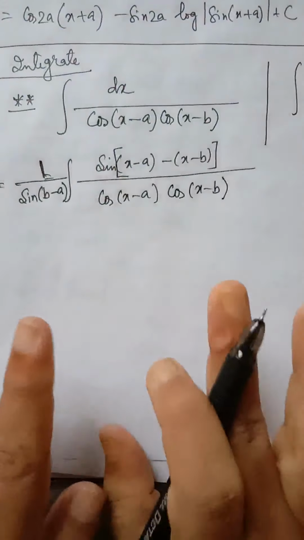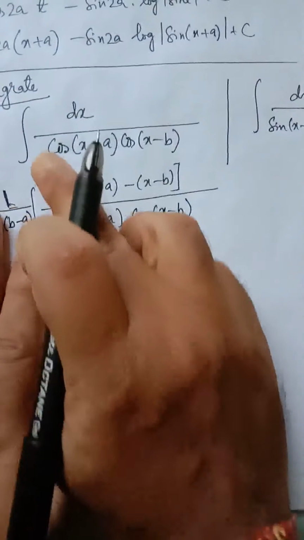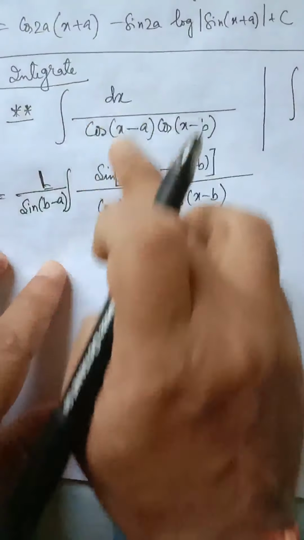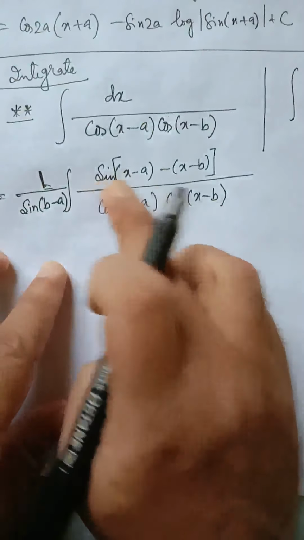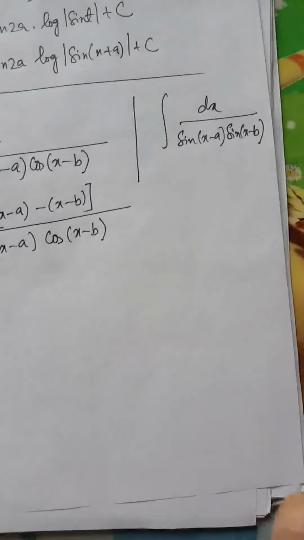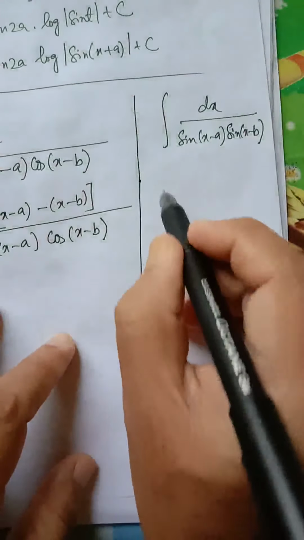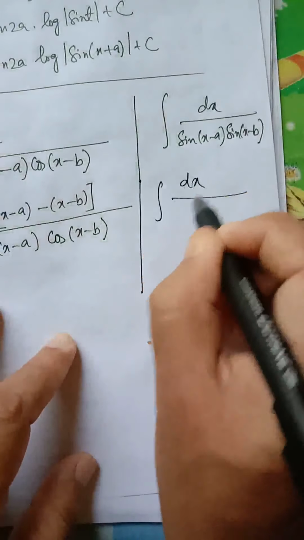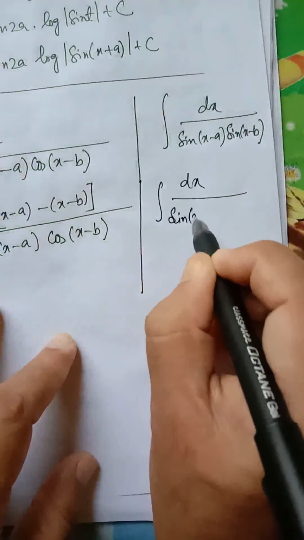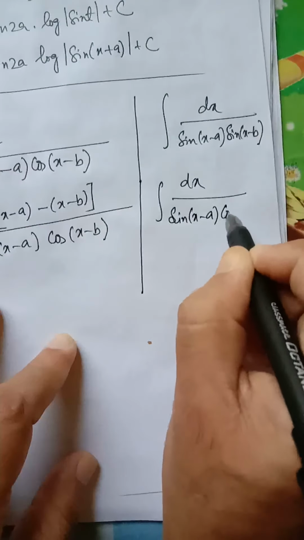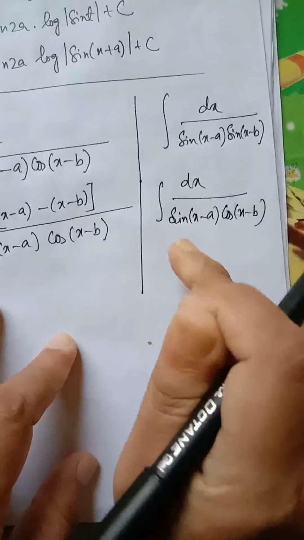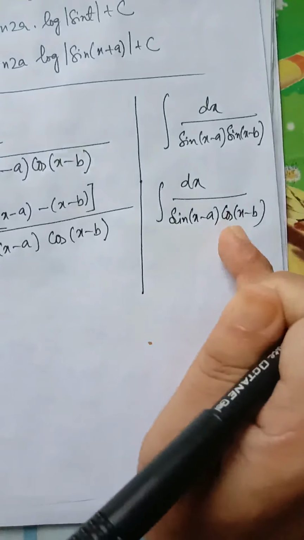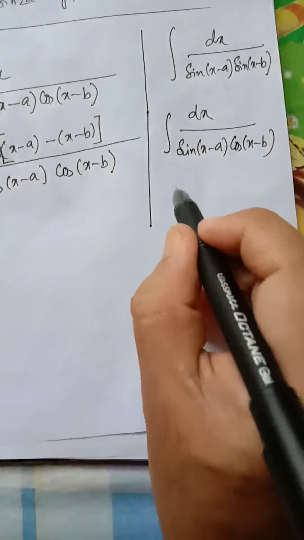So how to proceed? When both are cos or both are sine, we will express the numerator in terms of sine. But remember one thing: if in the denominator one term is sine and one term is cos, say sin(x − a) cos(x − b), then we have to proceed in this way.